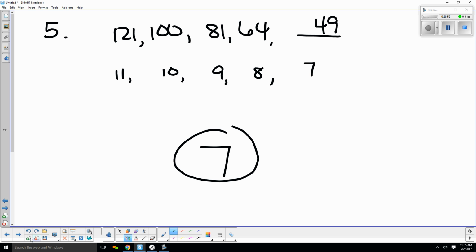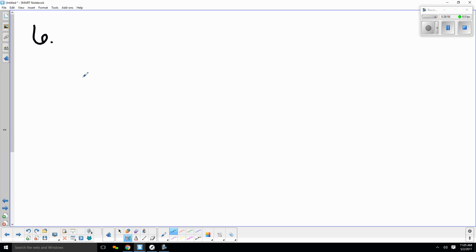Okay? Now, number 6, they just basically wanted you to find the perfect square. So 0 squared is what? 0. 1 squared is 1, because that means 1 times 1. What's 2 squared? 3 squared? 9. 4 squared? 5 squared? 25. 6 squared? 7 squared?